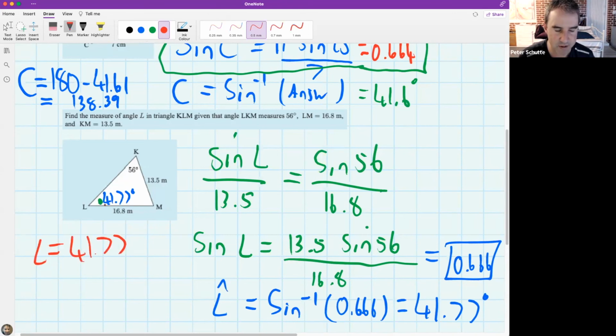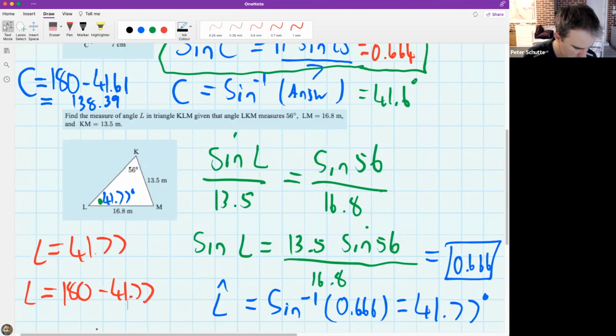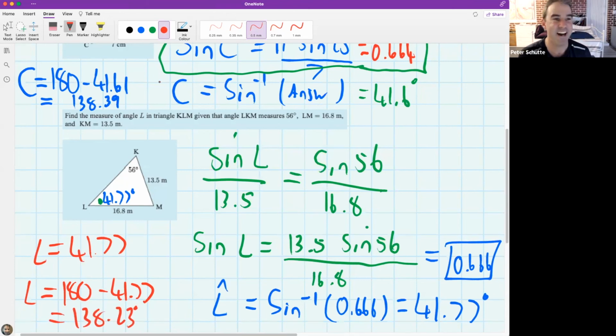If it looks wrong with your drawing, then your second answer will just be 180 minus 41.77, and so you would get 138.23. But guys, if I'm honest, 80% of the time, it's always going to be the first answer.